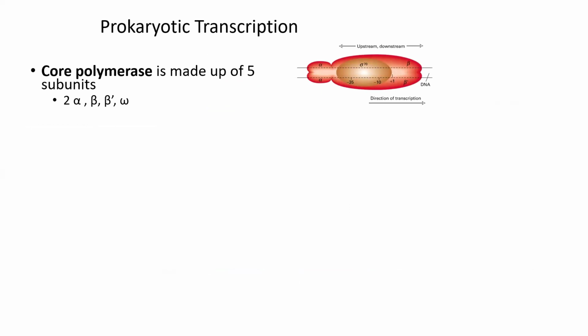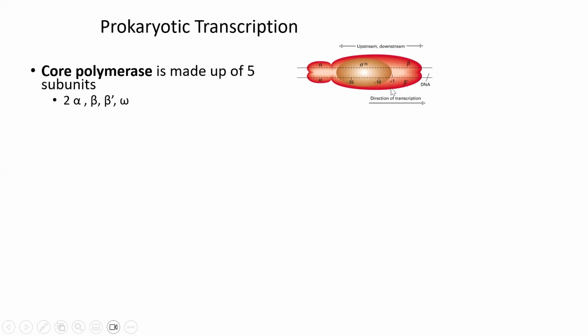In prokaryotes, the core polymerase that comes in for transcription is made up of 5 different subunits: 2 alphas like this, beta and beta prime, and omega.